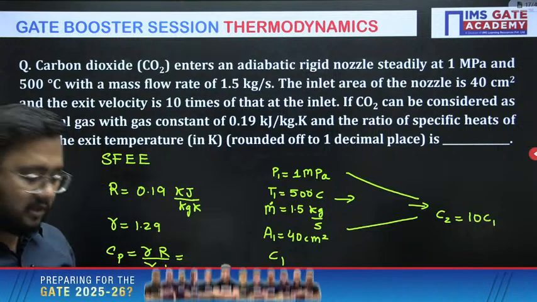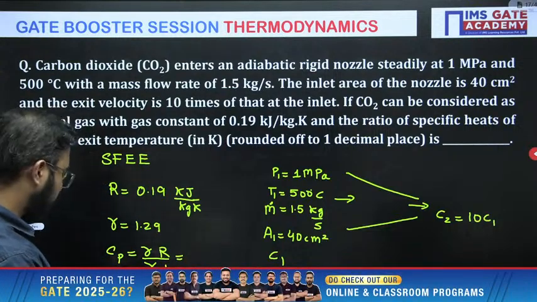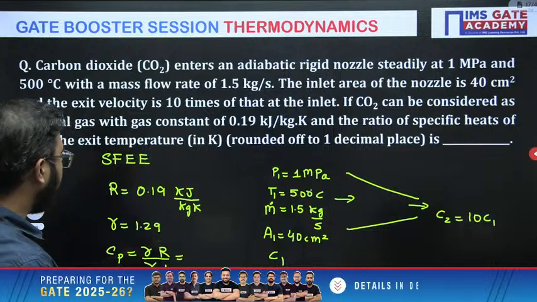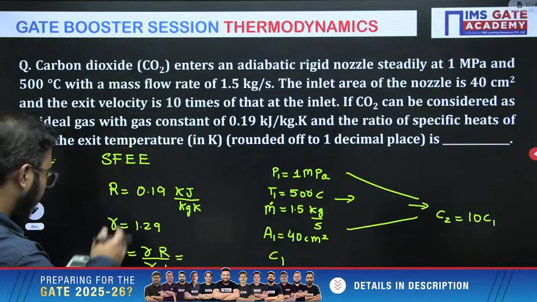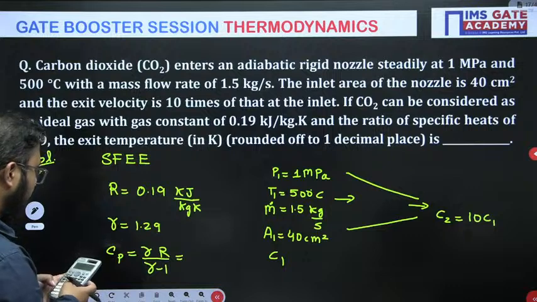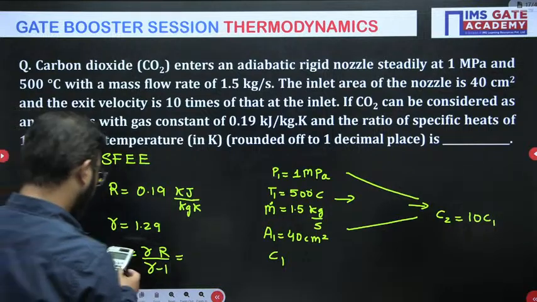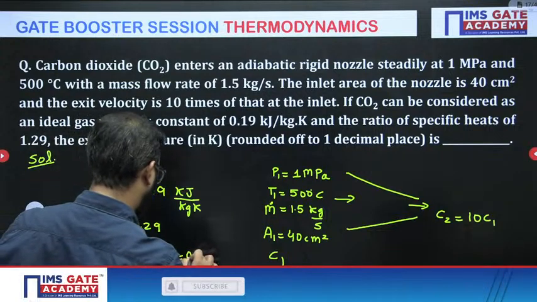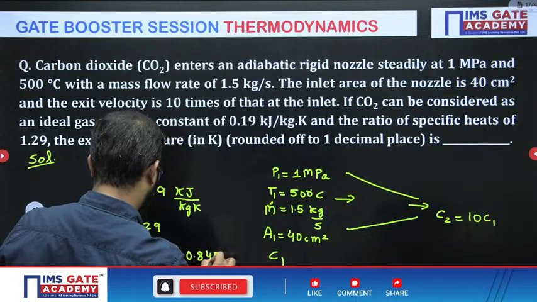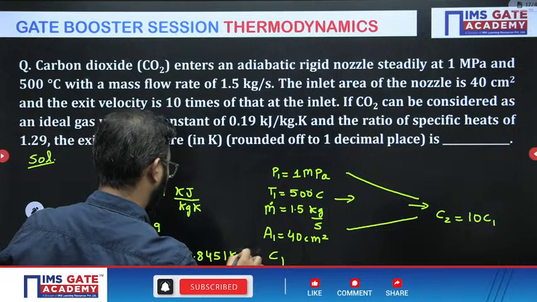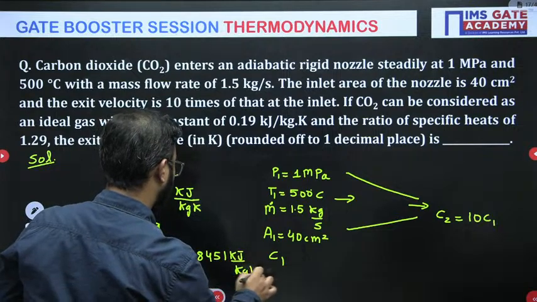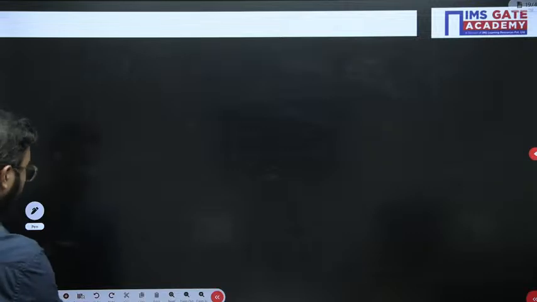I have already mentioned, gamma value is 1.29 multiplied by R value, that is 0.19 divided by 0.29. So it is coming around 0.84 kilojoule per kg Kelvin.